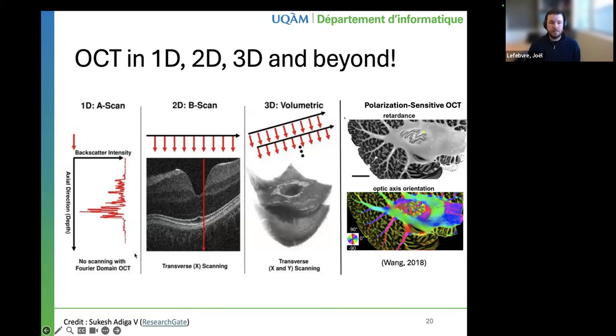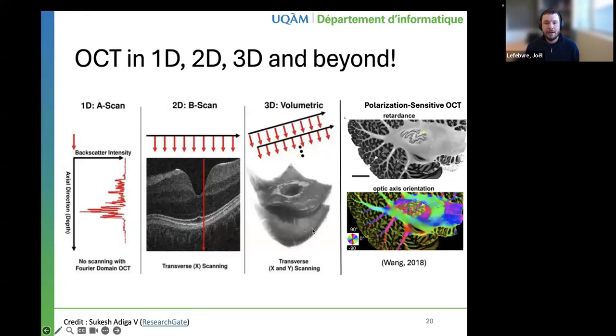If we scan the beam in one direction, doing multiple measurements, we get a B scan, a 2D image. This is an example of a B scan of a retina. This is often used in ophthalmology to study the eye, and you can see the different layers inside the retina. If you scan in X and Y, you get a 3D volume that we often call a C scan.